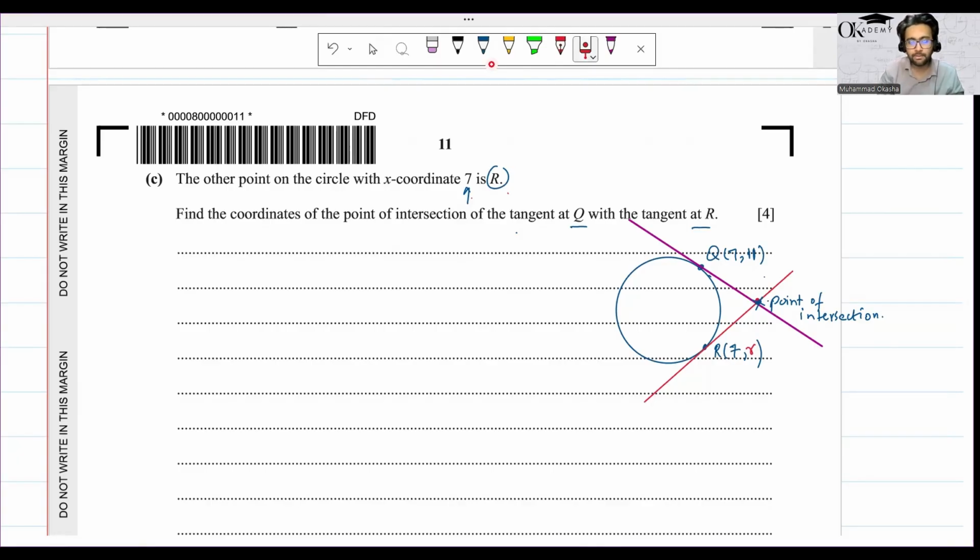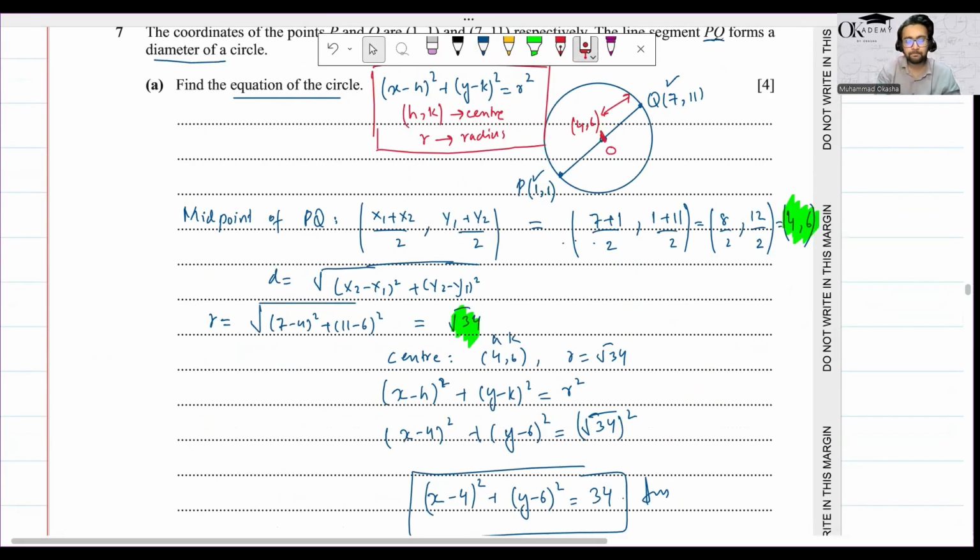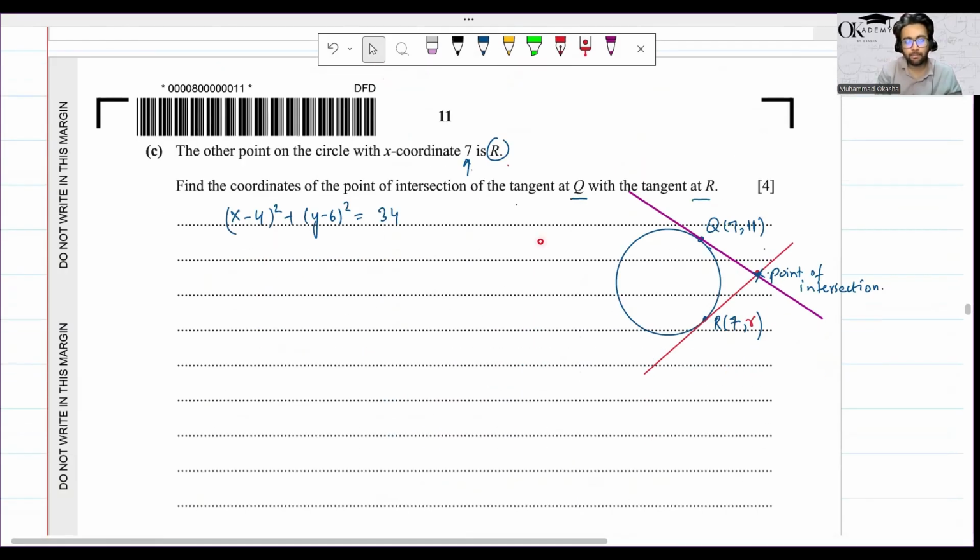Because it lies on the circle, I could just simply use the equation of the circle. We know that (x minus 4) whole squared plus (y minus 6) whole squared equals 34. That was the equation of the circle, right? From above. And the next thing, when I put x equals 7, see what's the value of y I get.